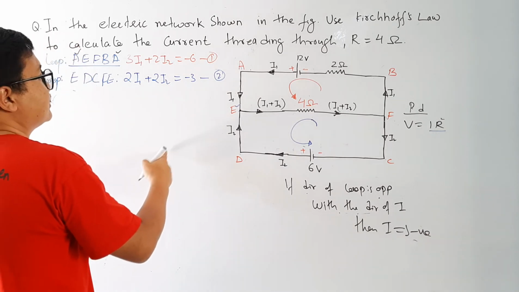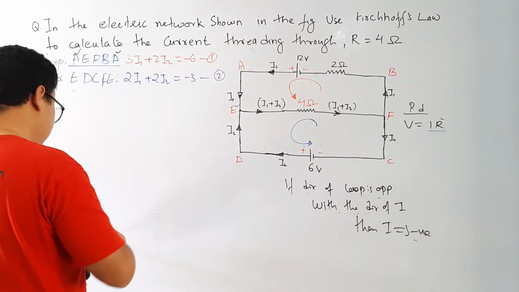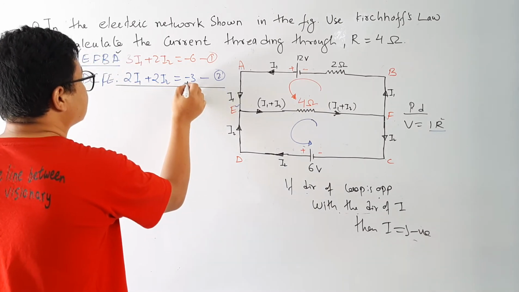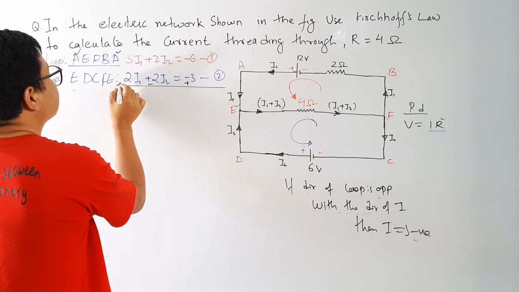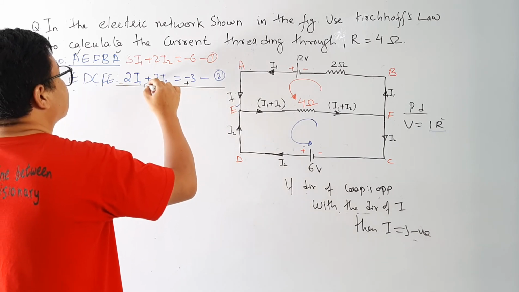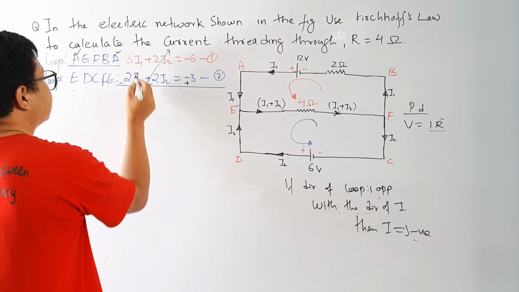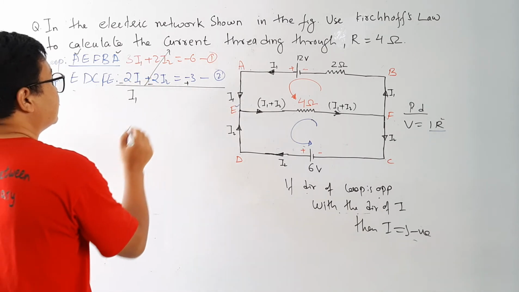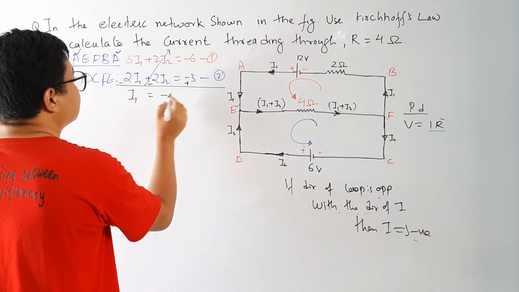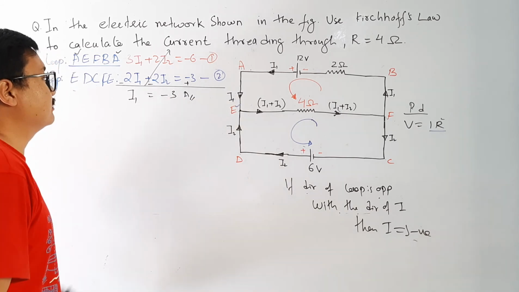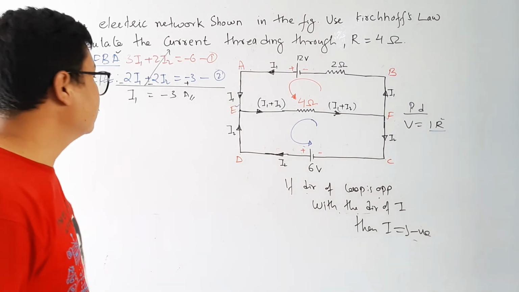Subtracting equation 2 from equation 1, we get, this is class 10 mathematics, plus minus cancels and this will become I1. 3 minus 2 is 1. So I1 equal to minus 3. Okay, this subtraction we know.